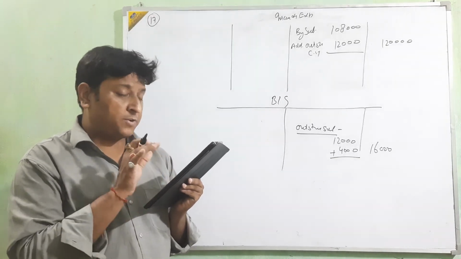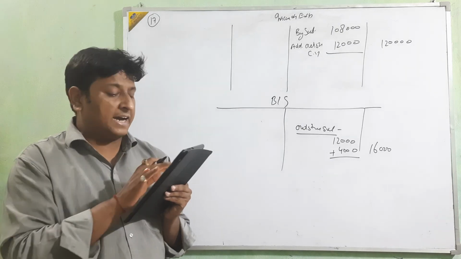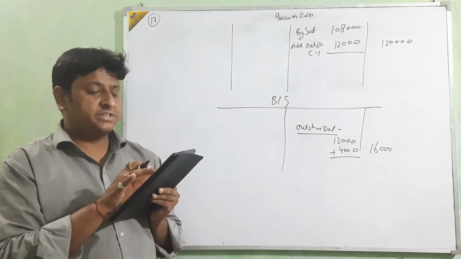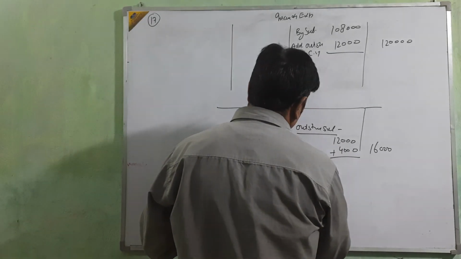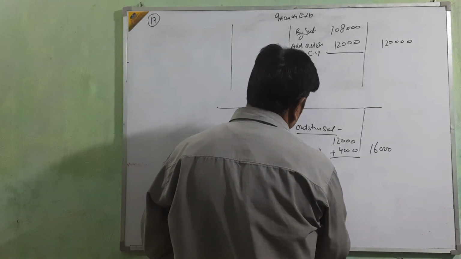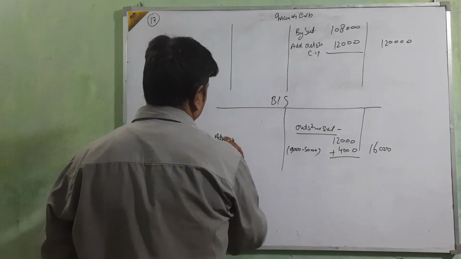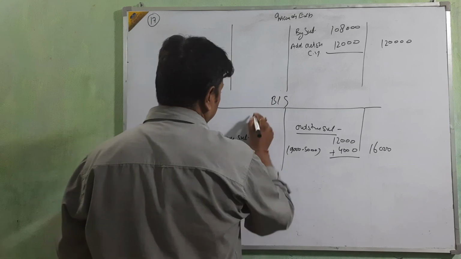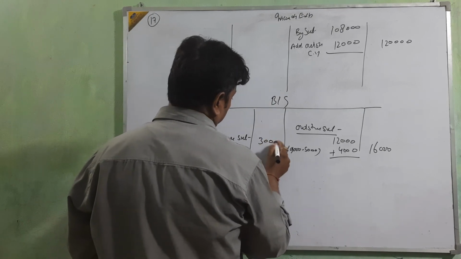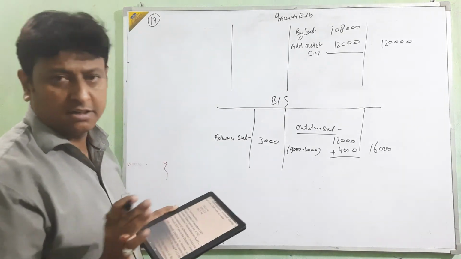Outstanding from last year, 1st April 16, last line 9,000, but we received 5,000 for 15-16, so only 4,000 remains. 9,000 minus 5,000, that amount is here, 16,000. And advance subscription 3,000, just see 17-18. Clear?